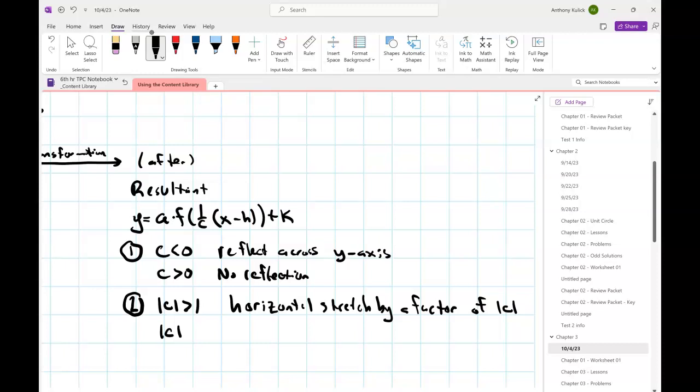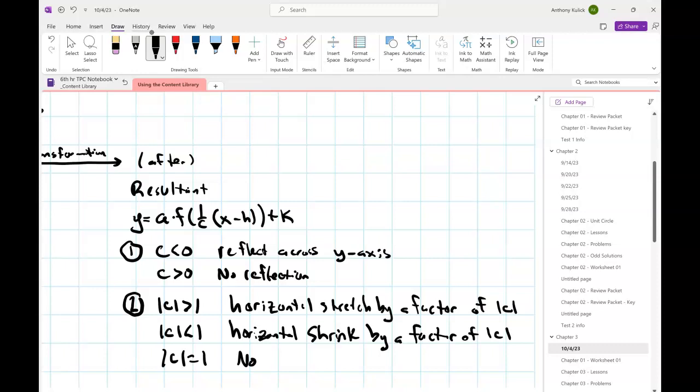If the absolute value of c is less than 1, we're going to get a horizontal shrink. And if the absolute value of c is equal to 1, no dilation is happening. I should say horizontal dilation.